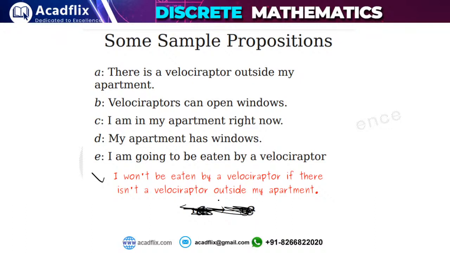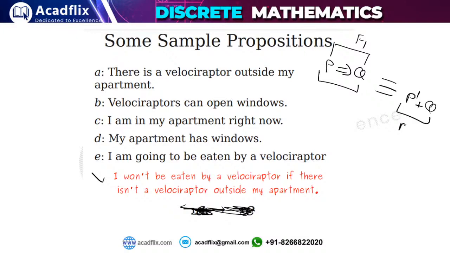Also, you might get different propositional logic formulas, because I told you that sometimes different propositional logic formulas are equivalent. Yesterday we saw this, if you remember, that P implies Q. Let's call this formula F1, then this is equivalent to P dash plus Q, let's call it formula F2.